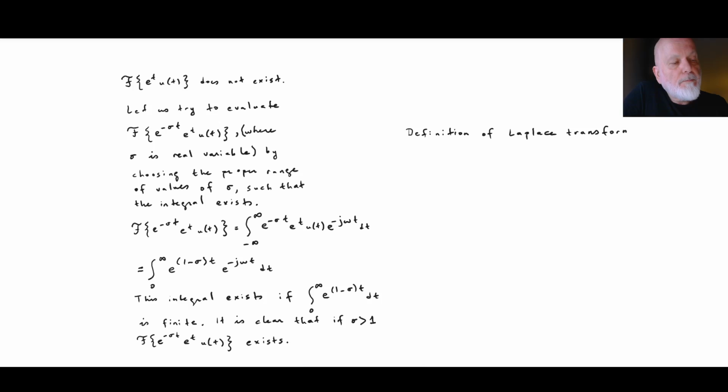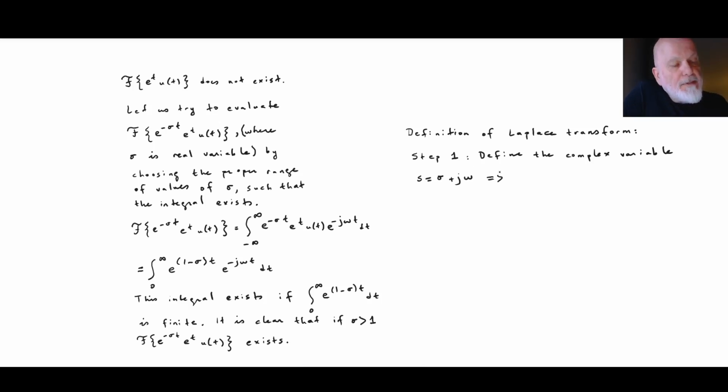The first step is to define the complex variable s as sigma plus j omega.